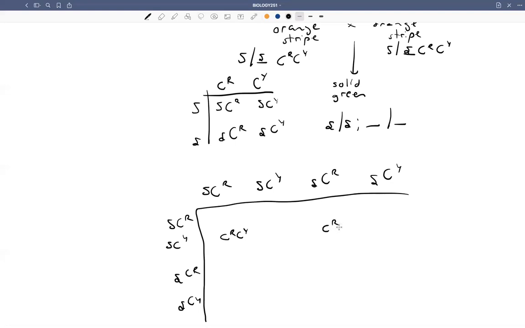So CR CY, CR CY, CR CY, CR CY. Depending on how you write these out, sometimes you get a nice pattern of how they distribute on the grid. CR CY, CR CY.